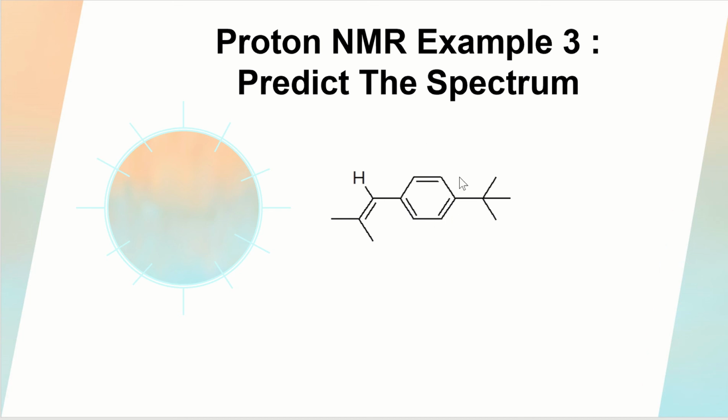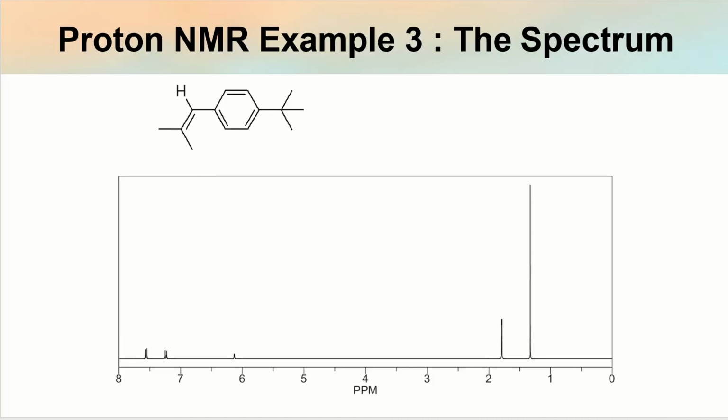Because what you need to be doing is looking out for your different functional groups and looking at where you would expect the chemical shift for them to be. So this is important in your practice. All right, so this is what the spectrum looked like.